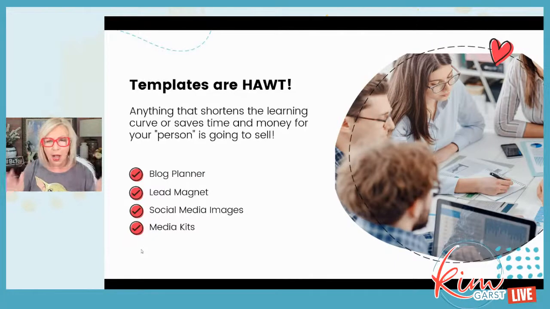I mean, on and on. Think about what would save your person time and energy, or time and money. Pre-designed things, pre-done things, halfway done things, anything that is a way to shorten the learning curve.